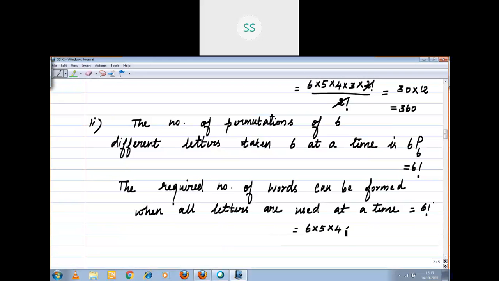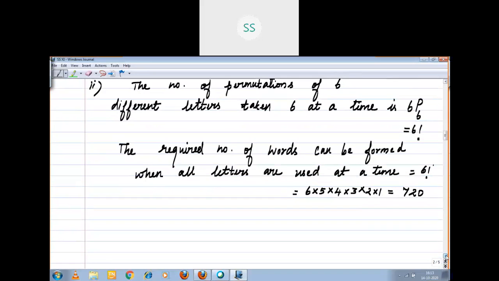We are going to write it in reverse order, which is equal to 6, 5, 4, 3, 2, 1, 720.